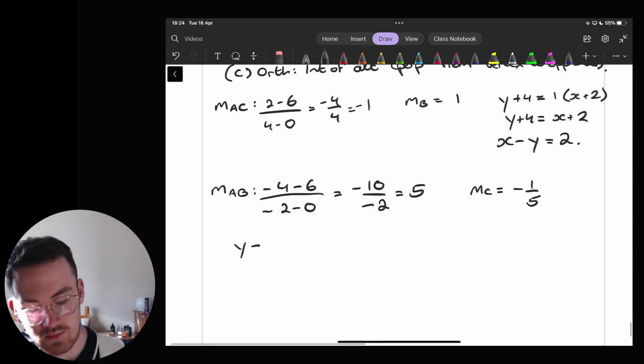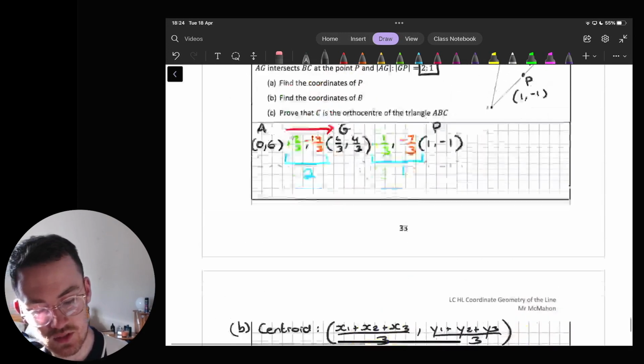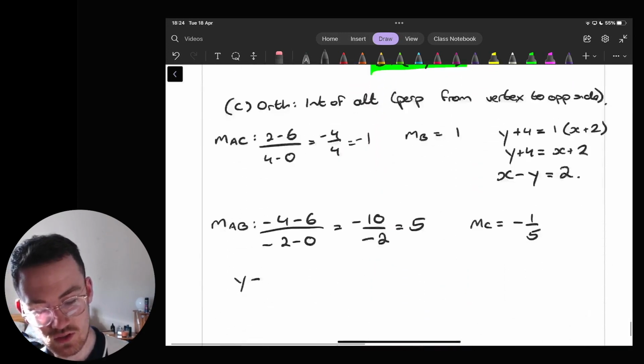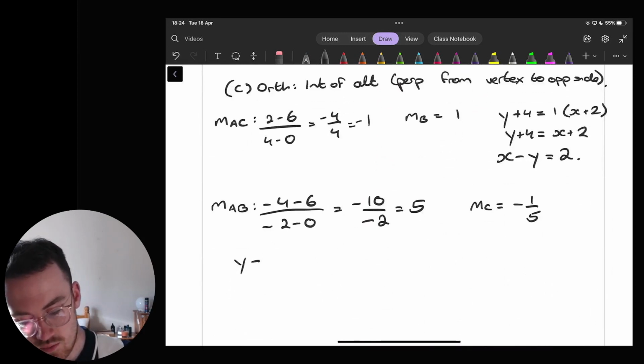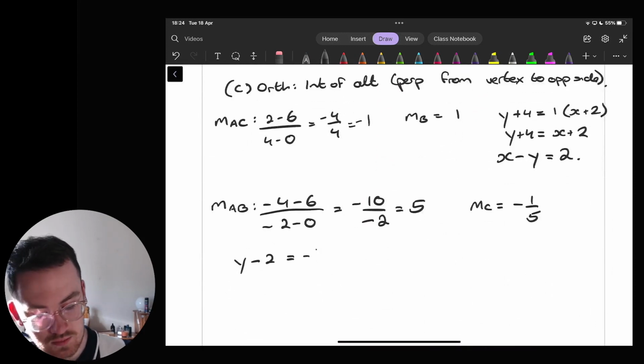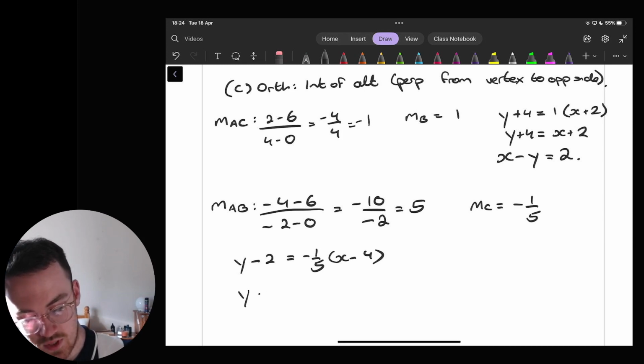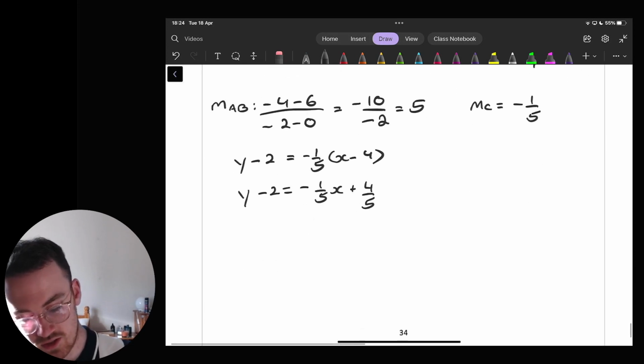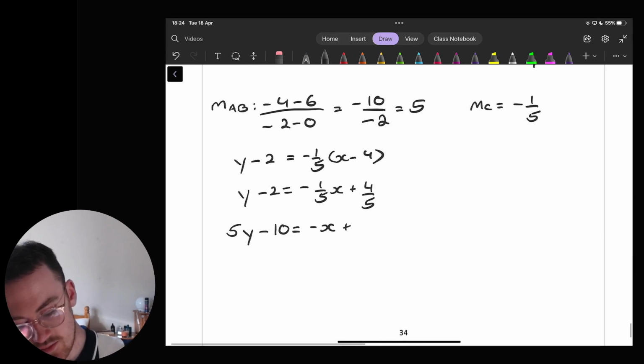So y minus 2 is equal to minus 1 over 5 times (x minus 4). So y minus 2 equals minus 1 over 5x plus 4 over 5. We can multiply across by the 5 here to get rid of the fractions. We're following the same steps a lot of the time here. So x plus 5y is equal to 14.